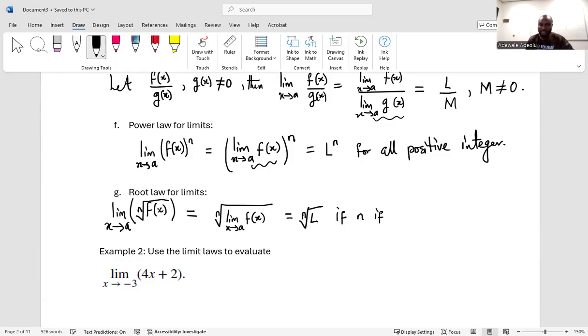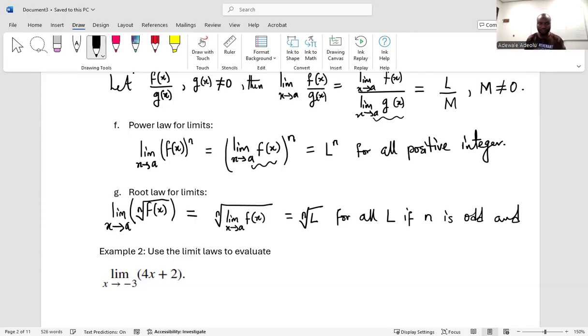Let me put it this way: this equals the nth root of L for all values of L if our n is odd. I hope that makes sense. If our n is odd, then it holds for all L, because even if L is negative, but n is odd, I can still evaluate that in the real number system.